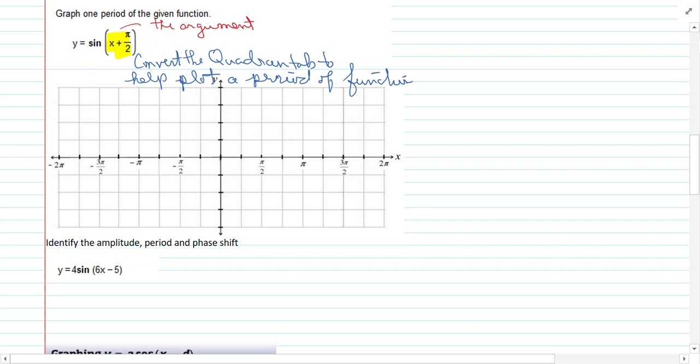All right, so our first step: find the new radian values that create the quadrantals.